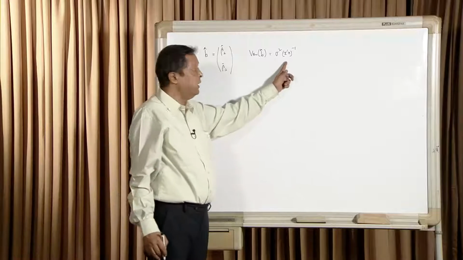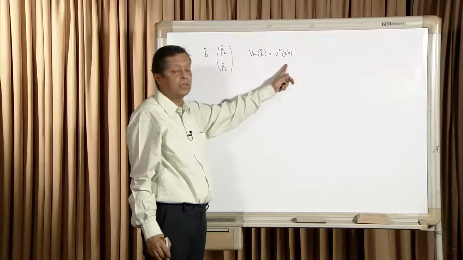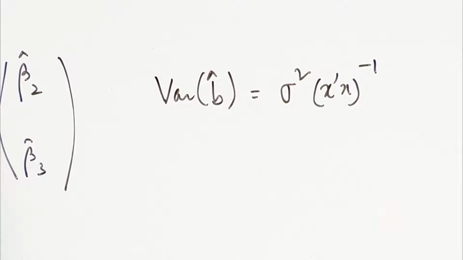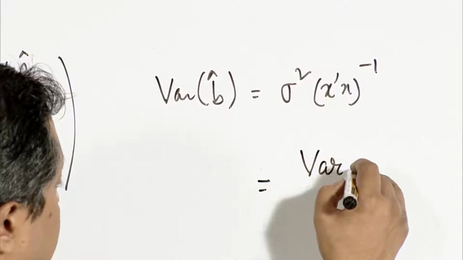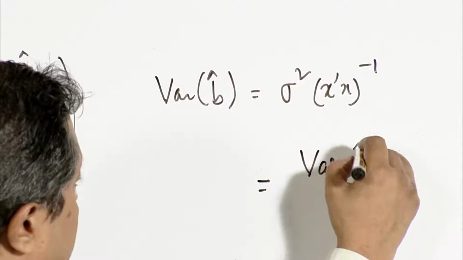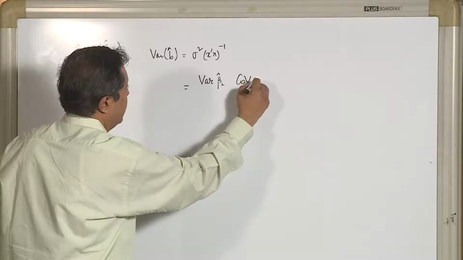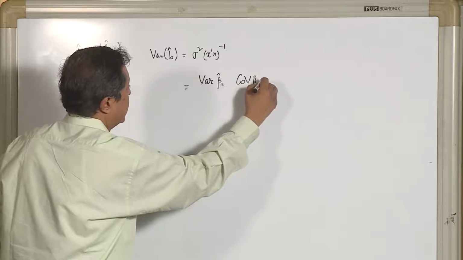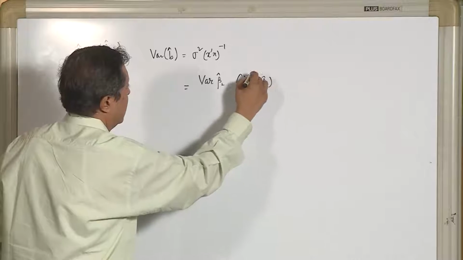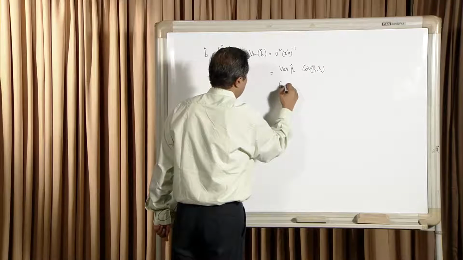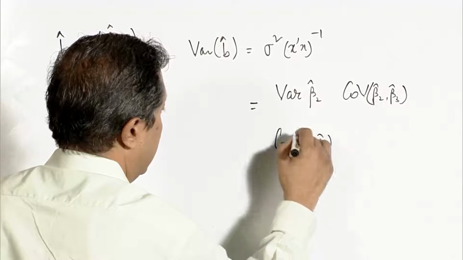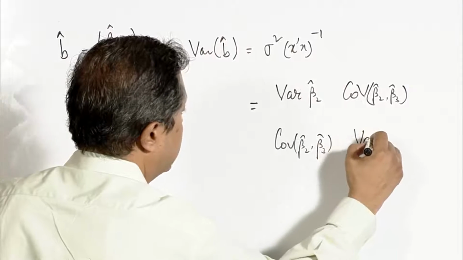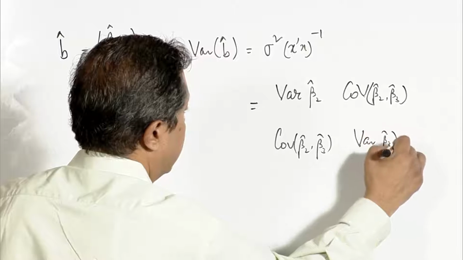What we must keep in mind is this matrix is called the variance covariance matrix. So, this in general terms has 4 elements: variance of beta 2 hat, covariance between beta 2 hat and beta 3 hat, again covariance between beta 2 hat and beta 3 hat, and finally variance of beta 3 hat.